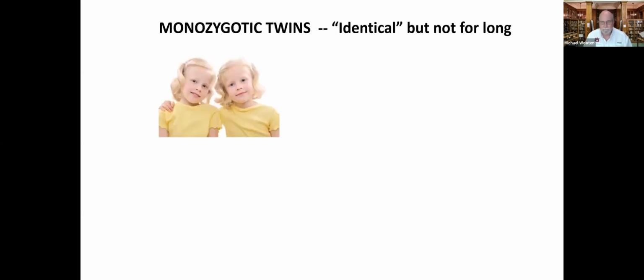Okay. Where do we see epigenetics in human systems? One of the classic ways of studying traits in humans is to study twins, particularly monozygotic twins, MZs. We can compare those to dizygotic twins to see what happens, and we can also compare monozygotic twins over time. We know that they start out identical.